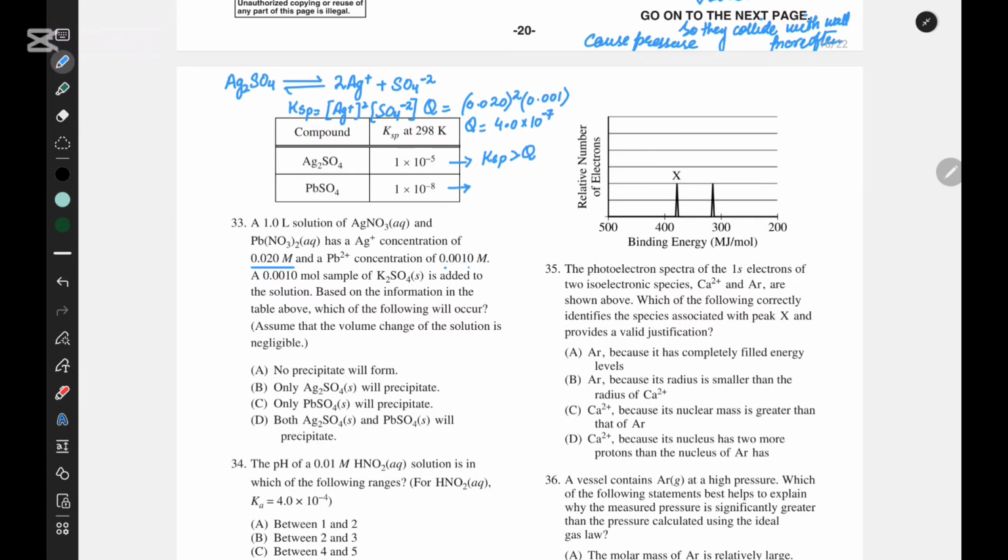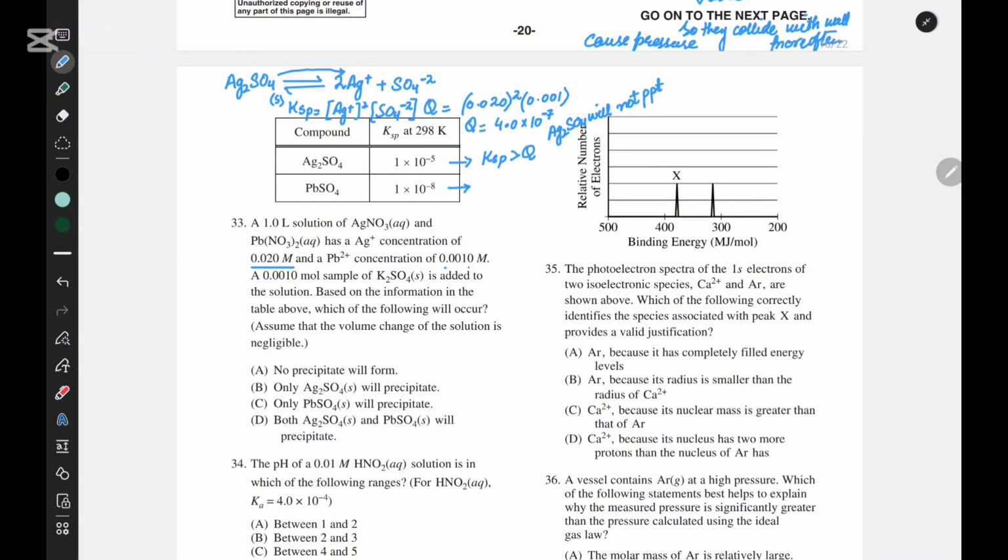We have less precipitate. This means the solid particles will dissolve and the equilibrium will move towards the right-hand side, so Ag2SO4 will not precipitate. Because Q is smaller than Ksp, equilibrium moves to the right, so we have more ions.